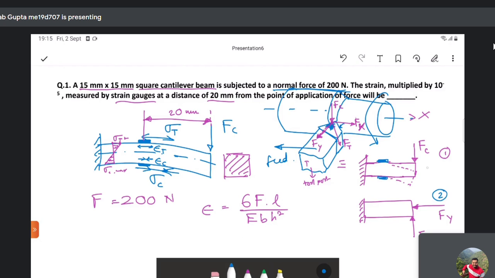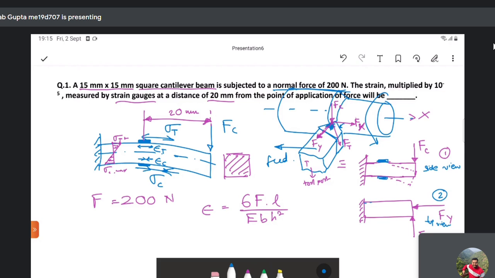So this is my side view, and this is my top view. From the top view, we can see that this particular beam, which replicates the cutting tool, is experiencing a compressive load Fy and a lateral or transverse force Fx.